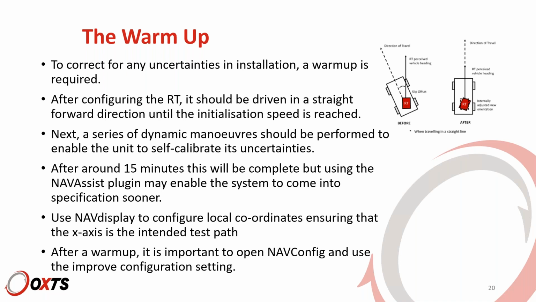The way it does that is by you driving around, giving it a series of dynamic motions that will make the vehicle pitch and roll and accelerate and decelerate in different directions. All of these things will help the system to refine the configuration much more precisely. So it'll be able to calculate the lever arms, which is the distance to the antennas, to within a few centimeters, and the slip and pitch offsets, which determine its orientation within the vehicle. Those will get down to fractions of a degree, and that will then get you the system in specification.